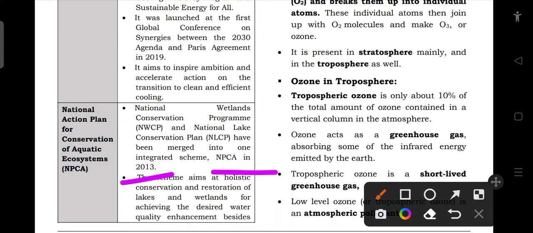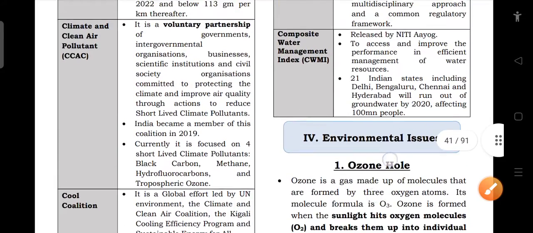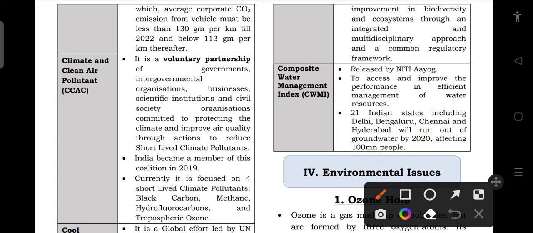NPCA, that is National Plan for Conservation of Aquatic Ecosystems. We are conserving the aquatic ecosystem by merging the wetland and the lake conservation plans together. The main aim is to conserve and restore lakes and wetlands. This is for increasing the water quality, and this will also help in increasing the biodiversity and ecosystem of water bodies.